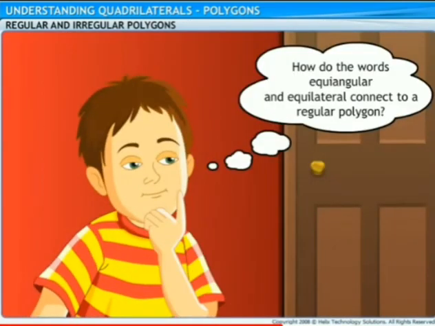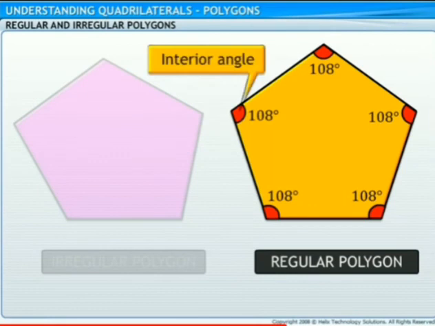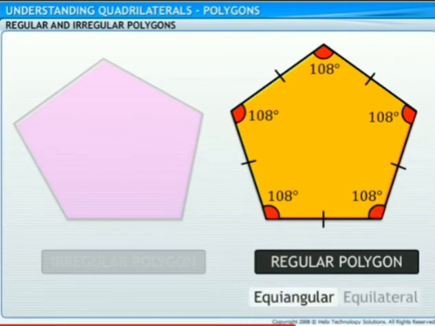How do the words equiangular and equilateral connect to a regular polygon? Okay. The word equiangular means the interior angles of the polygon are equal to one another. The word equilateral means the lengths of the sides are equal to one another. If a polygon needs to be called a regular polygon, then it should satisfy these 2 conditions.